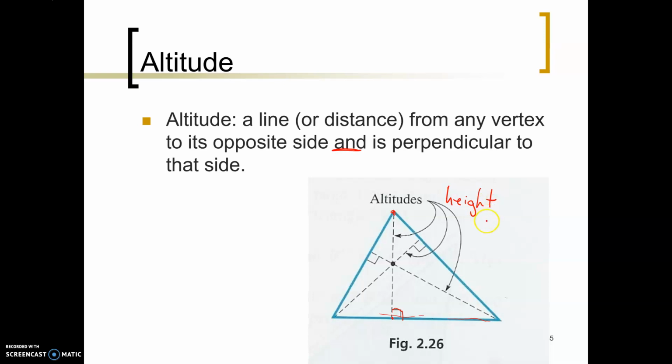So when I refer to a height in triangles, it must be a length that goes from a vertex to an opposite side and perpendicular. Height and base are then related in this way, that they are perpendicular to each other.